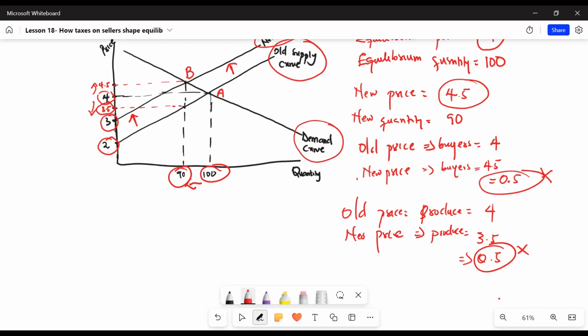And all of this is determined by how elastic the demand or the supply curve is, which we'll be visiting in our subsequent lessons. So this is all that we have for our lesson on how taxes on sellers shape equilibrium. Our next lesson will be how taxes on buyers shape equilibrium outcome.